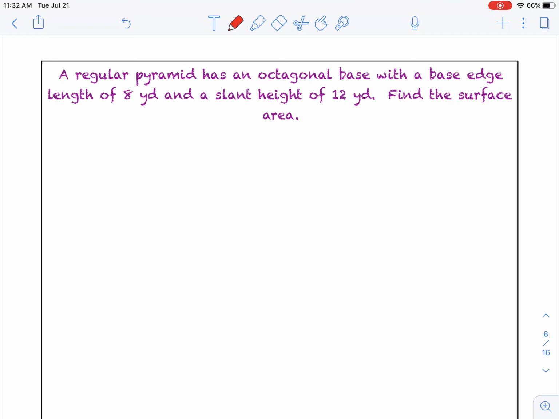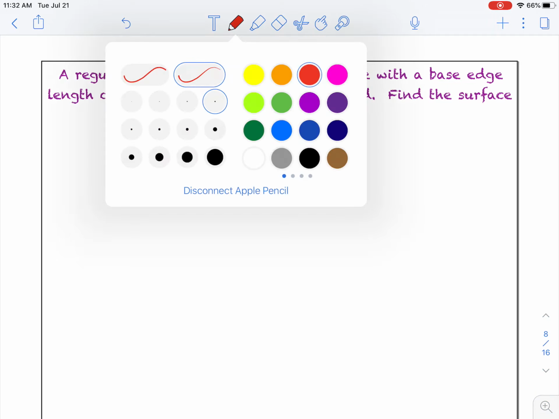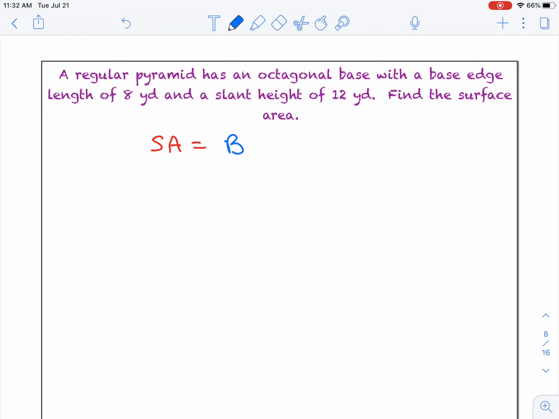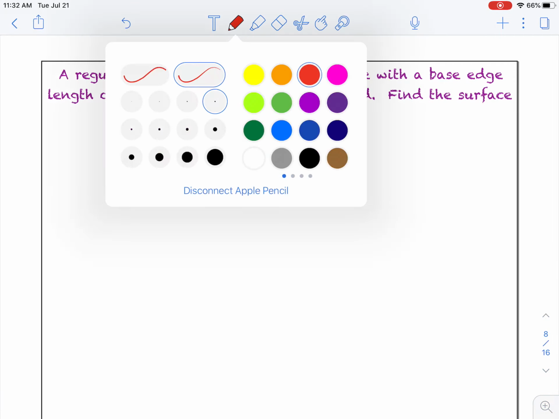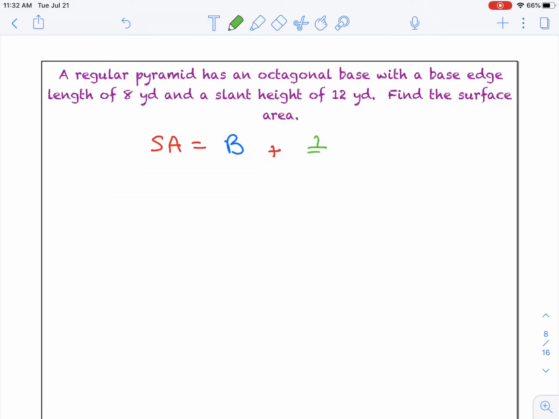And what I like to do is start by writing the formula. Surface area equals the area of the base, which is an octagon, plus 1/2 the perimeter of the base times the slant height. Okay, it told me the slant height was 12.